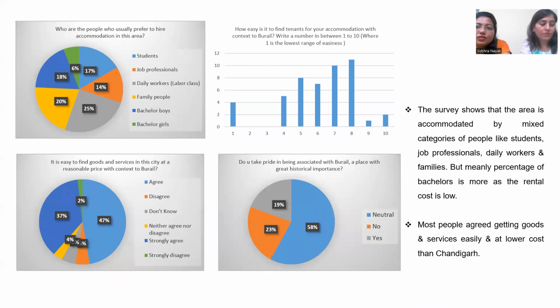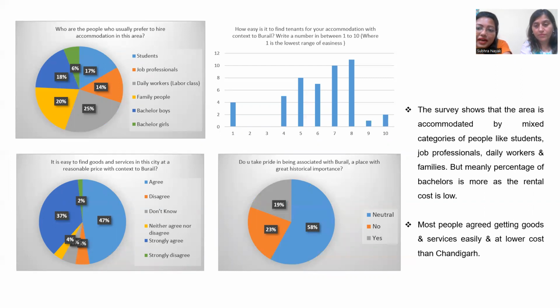The survey shows that the area is accommodated by mixed categories of people like students, job professionals, daily workers, and families. But mainly percentage of bachelors is more as the rental cost is low.